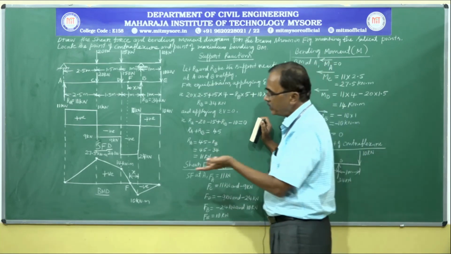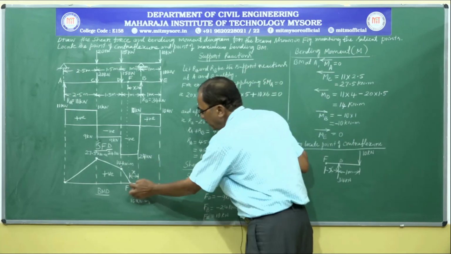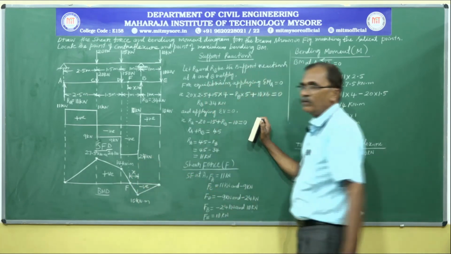Wherever the bending moment diagram changes its sign from positive to negative on the reference line, there the bending moment is always 0.